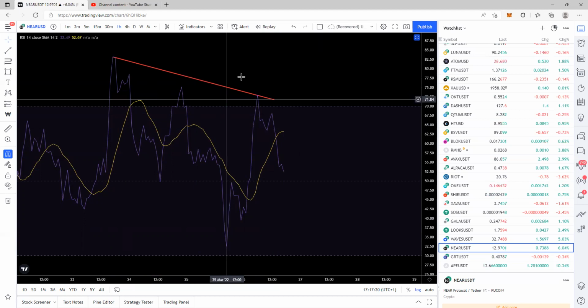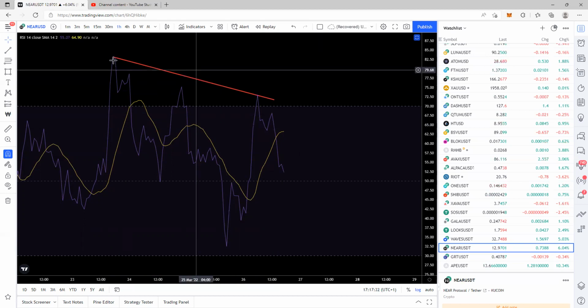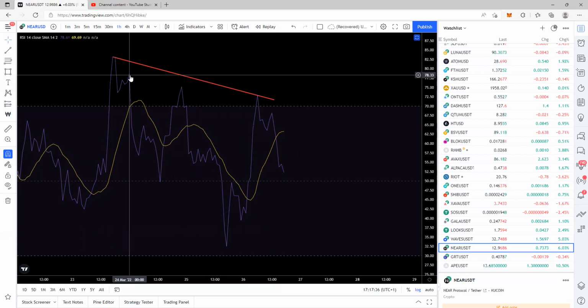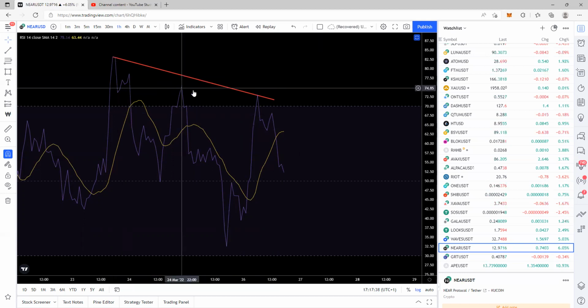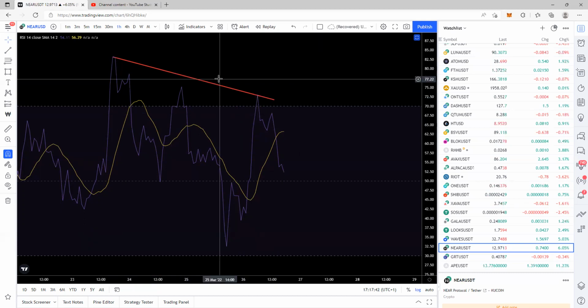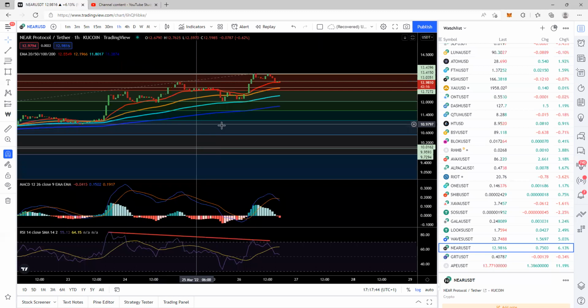So you were getting weak on your RSI. Had you been paying attention, you can short the market using that method. When you have lower highs, and it'll follow price action as well. Now, sometimes it doesn't follow price action, but you got to pay attention to the strength of the asset.